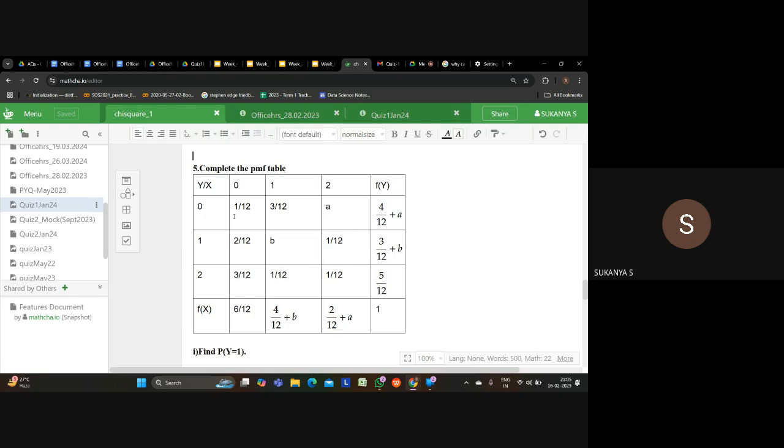What was the condition? All the values inside the joint PMF should add up to 1, right? Can you find what is A and B then?